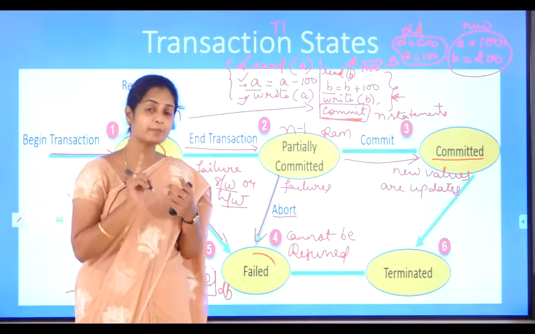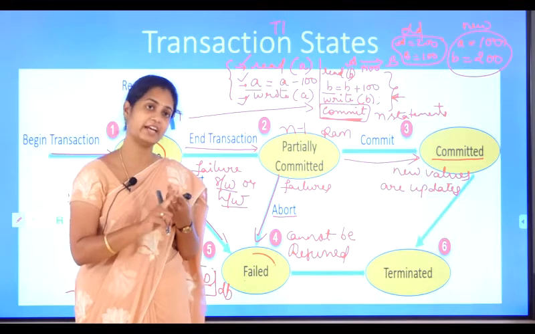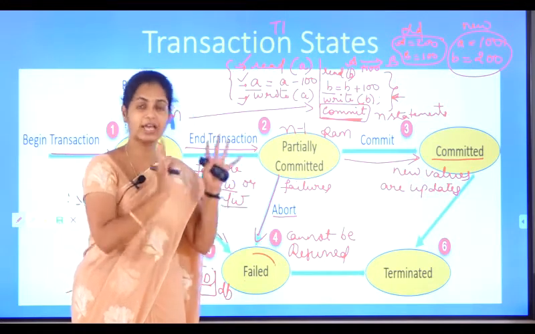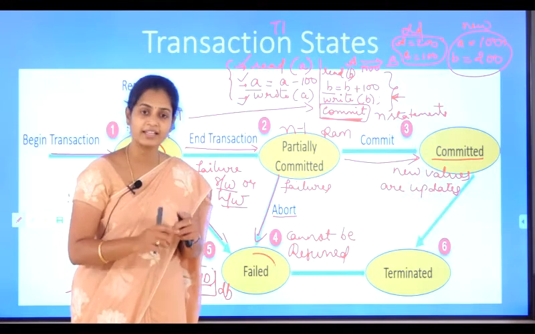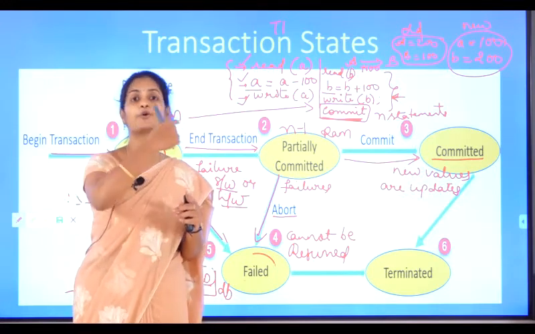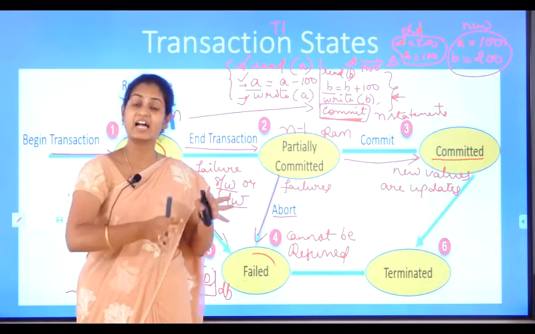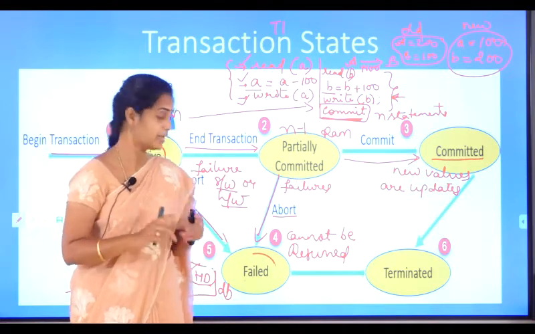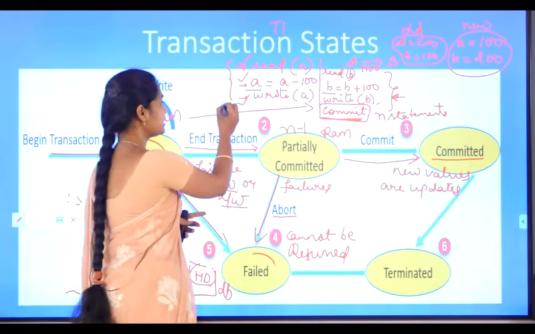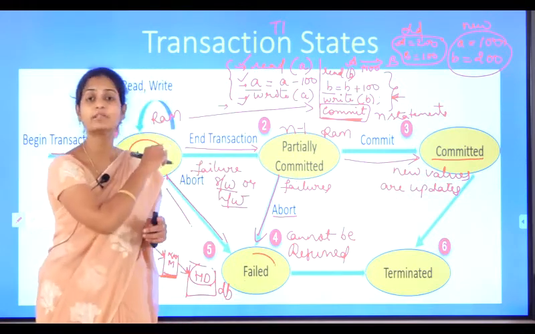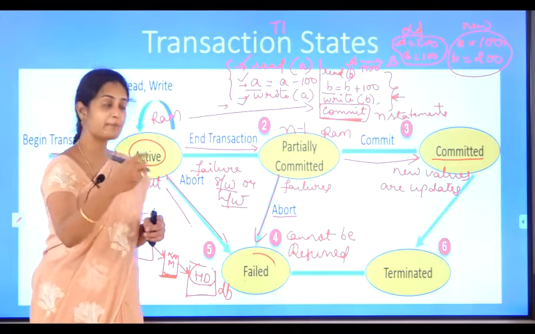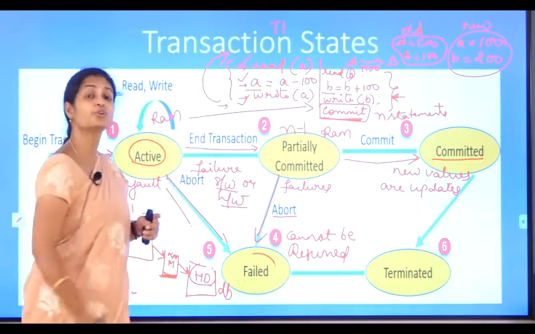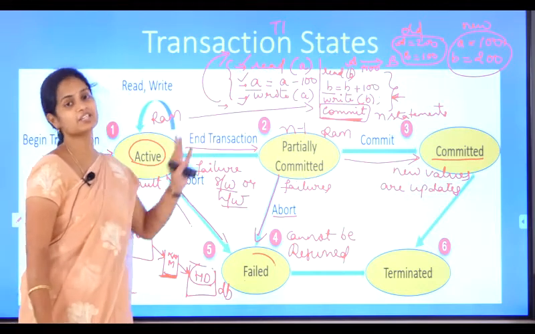Because we have seen the properties of a transaction: either the entire transaction should be executed or you need to roll back. Either all or none. That is nothing but atomicity. Here, in the middle, we have stopped the execution. Now it needs to roll back.